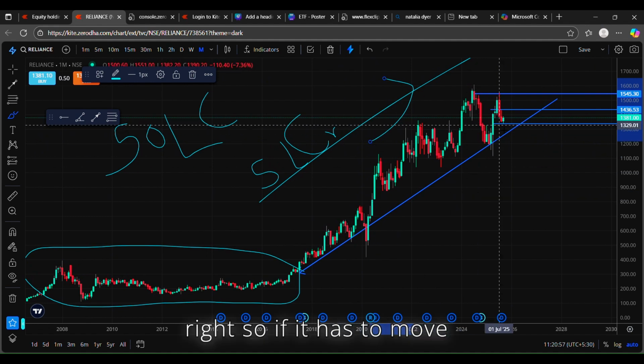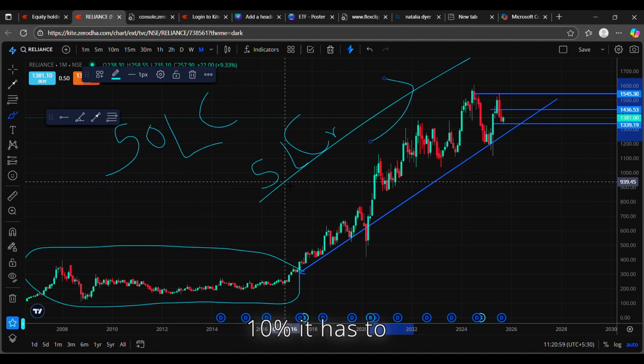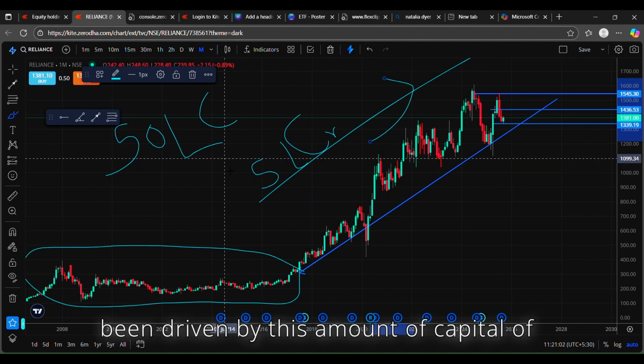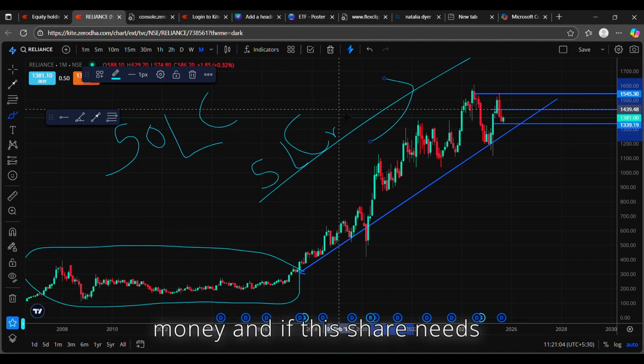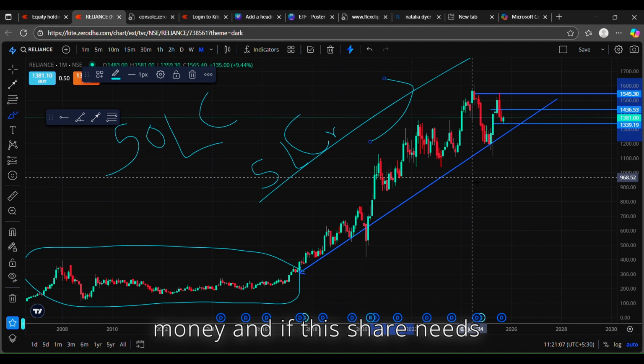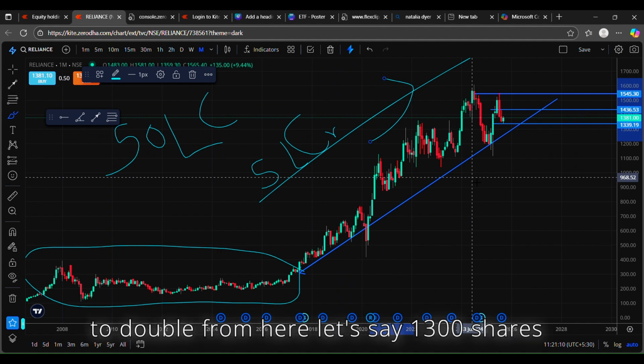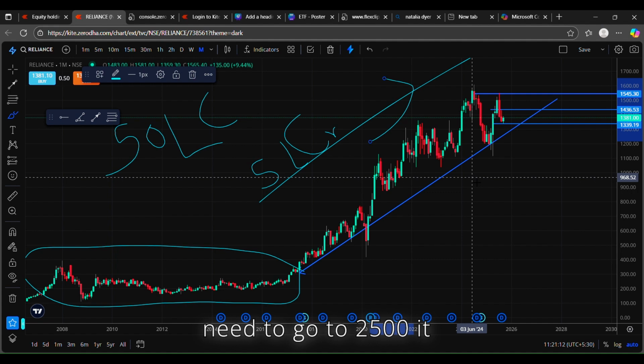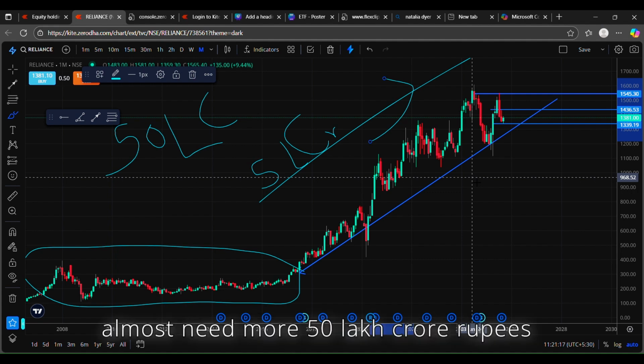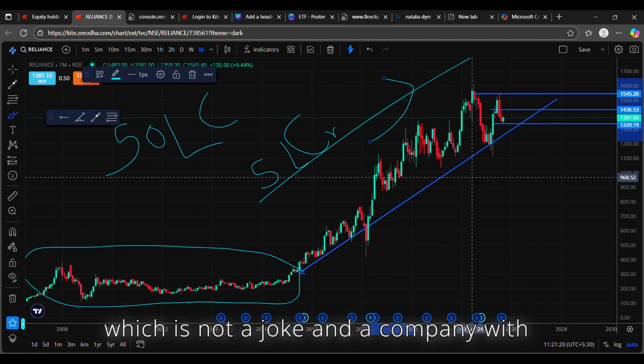So if it has to move 10%, it has to be driven by this amount of capital, and if this share needs to double from here, let's say 1300 needs to go to 2500, it almost needs 50 lakh crore more rupees, which is not a joke.